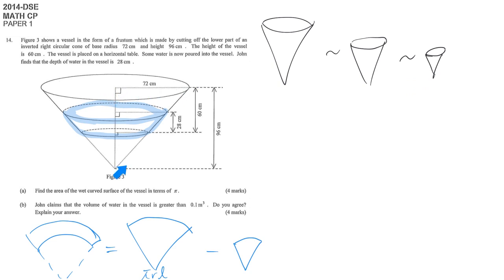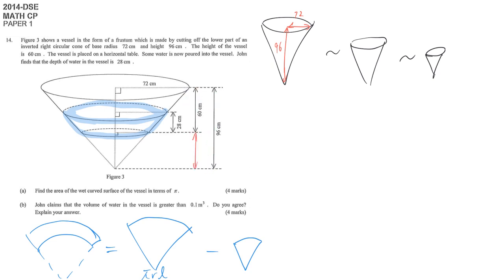For the largest one, we have the full detail. We have the base radius and we have the height. So we mark it down first. The base radius is 72 while the height is 96. And then after that, for the smallest one, we have 96 cm minus 60 cm.